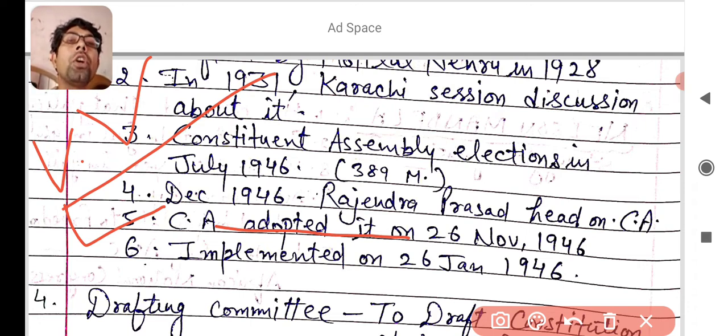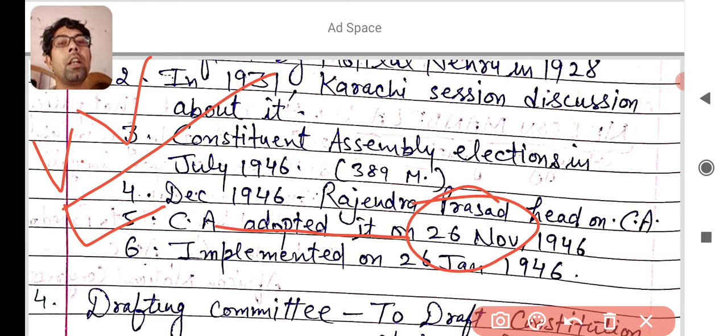When was the Indian Constitution adopted by the Constituent Assembly? It was adopted on 26 November 1946, and on 26 November Indian Constitution Day is also celebrated, because on 26 November the Indian Constitution was finally prepared.